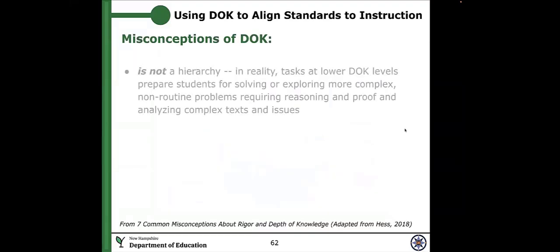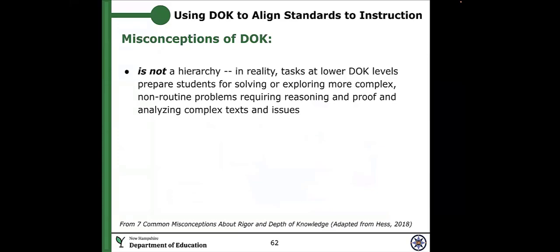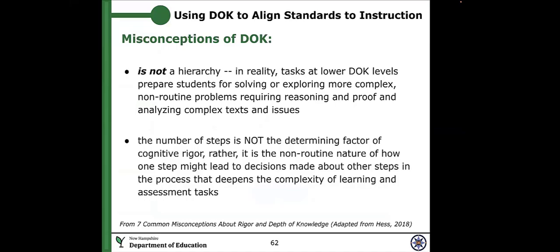So just a little bit of understanding about misconceptions of depth of knowledge. It's not a hierarchy. When we're talking about depth of knowledge, we don't want to do all depth of knowledge 3 and 4. Students have to be able to understand depth of knowledge 1 and have those become more routine to them, to be able to understand depth of knowledge 2.